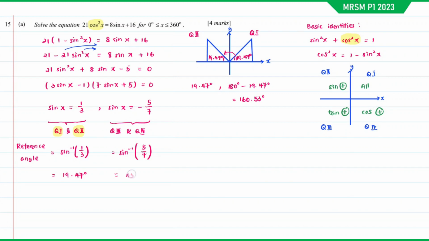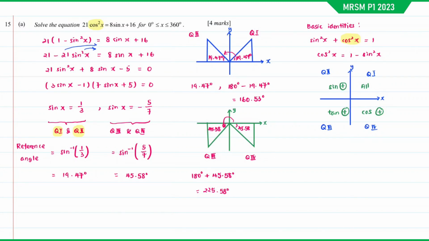Now for sin x equal to negative 5 over 7, let us find its reference angle, which is equal to 45.58. For the angle on the third quadrant, it will be 180 degrees plus 45.58, which is equal to 225.58.